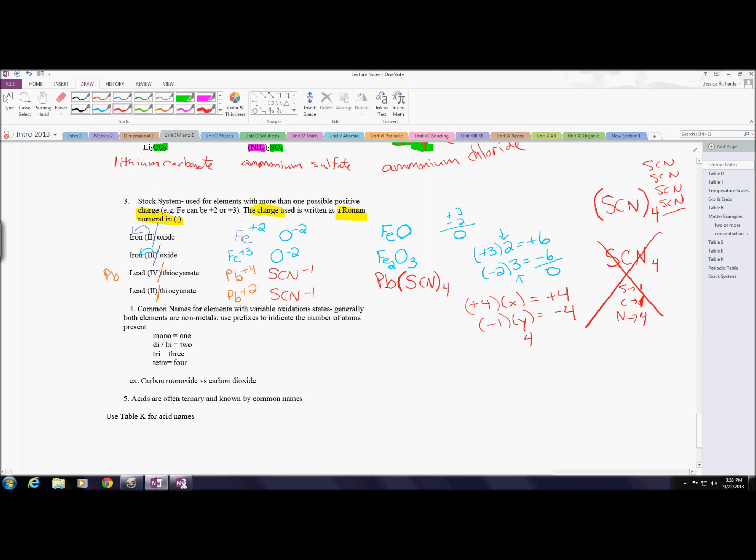For the lead 2 thiocyanate, it's going to be the same math, but instead of +4 here, you are trying to get to a least common multiple of +2. So for every 1 lead, you're going to need 2 thiocyanates. So again, very similar names, but different compounds with different formulas.